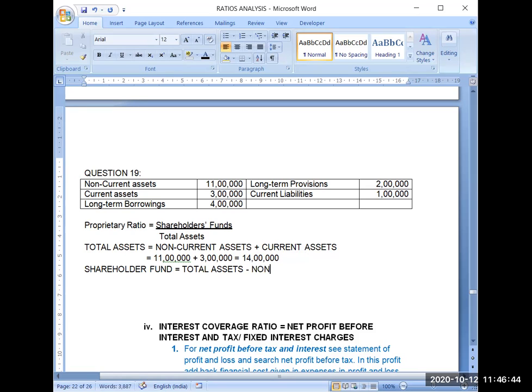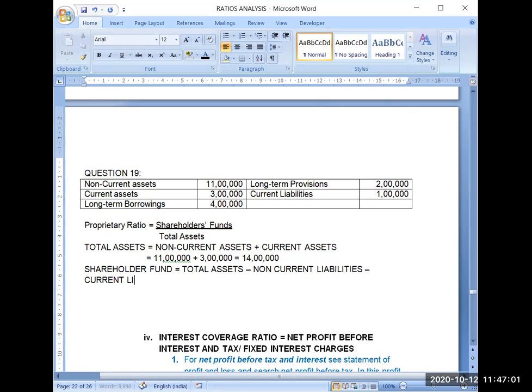So minus non-current liabilities, minus current liabilities, yes. So this will be the formula.